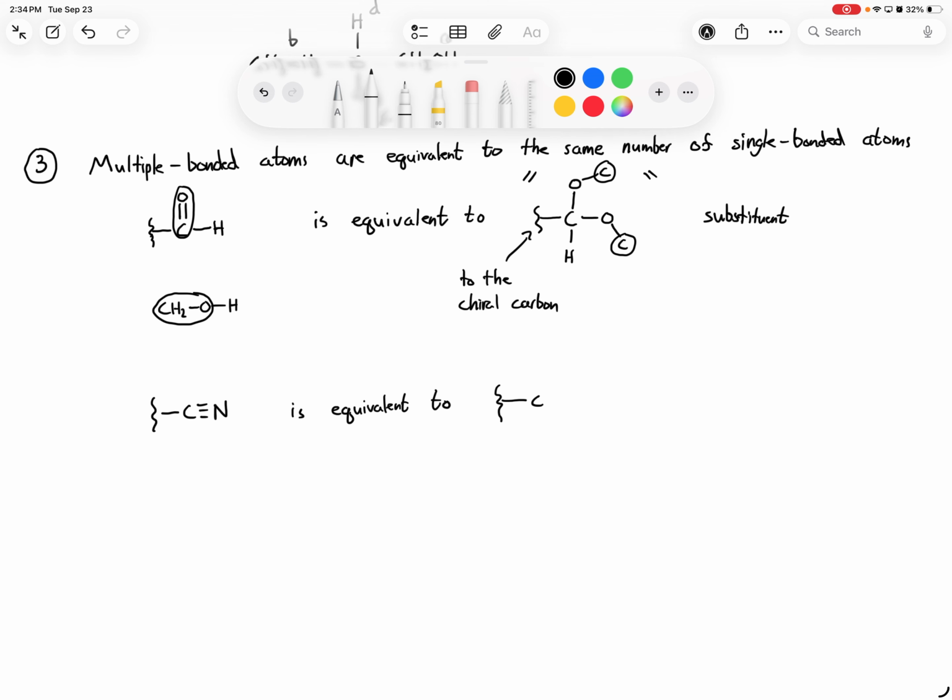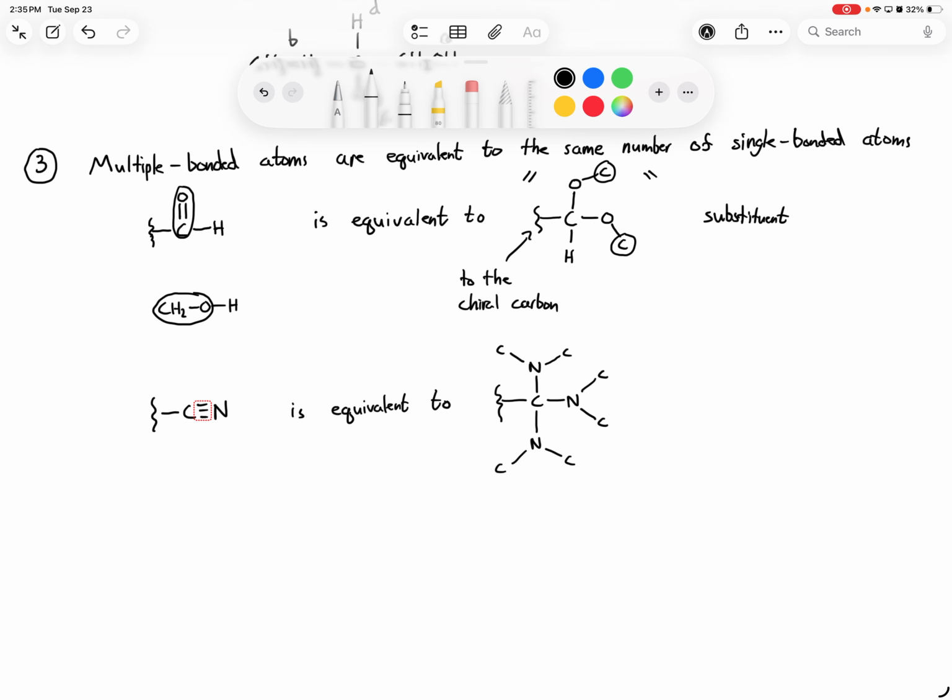So if I have a triple bond, that's like saying my carbon is bonded to 3 different nitrogen atoms. And what does that mean for the nitrogen? The nitrogen is also bonded to 3 different carbon atoms. So you're going to draw something like this. C, C, C, C. So it looks like that.